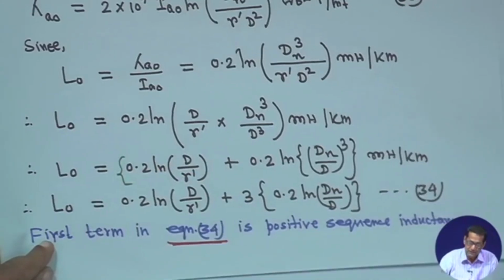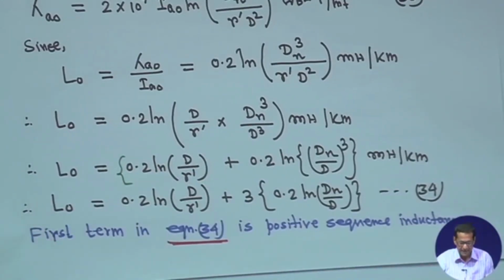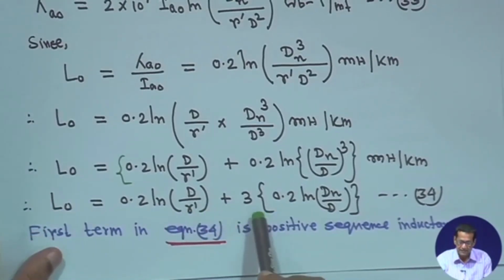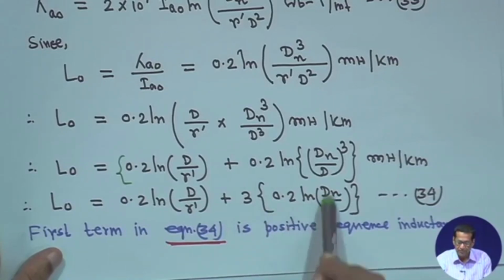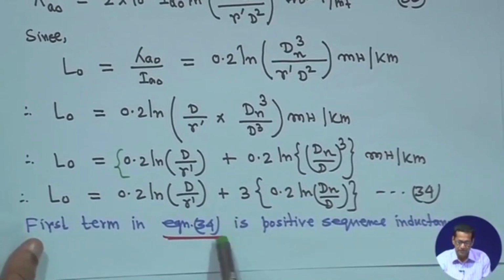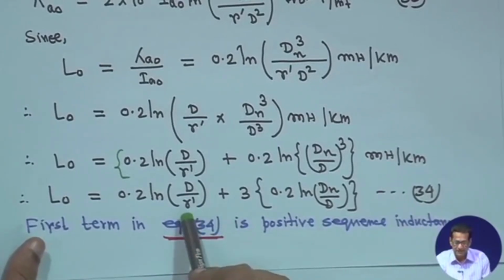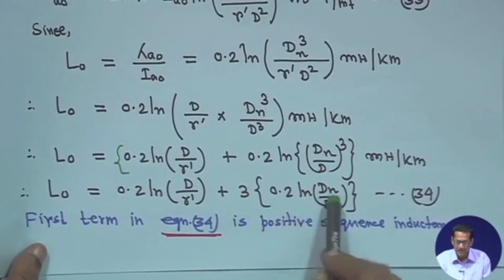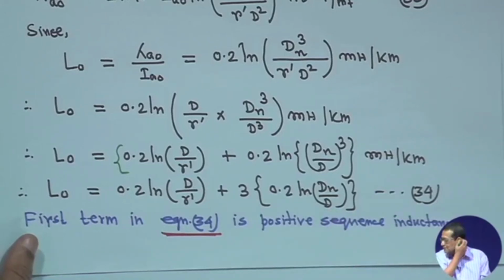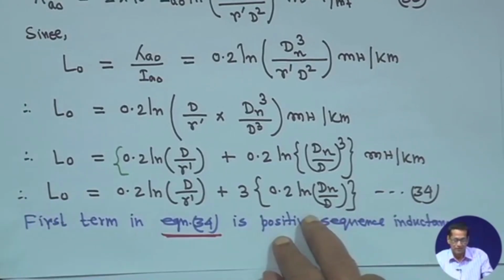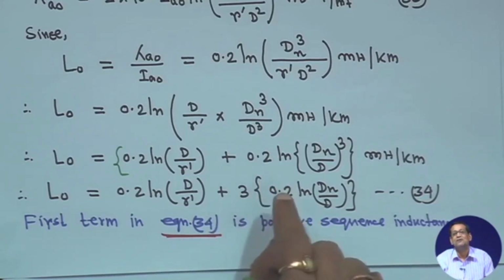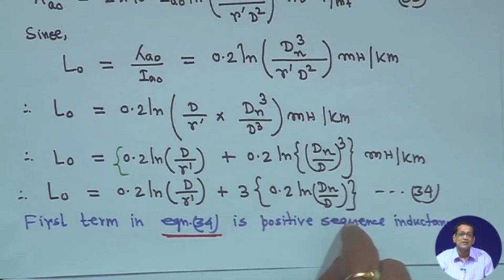So, L_0 = 0.2 ln d/r' + 3 × 0.2 ln d_n/d. This is equation 34. The first term of equation 34 is the positive sequence inductance, and the second term, 0.2 ln d_n/d, is defined as x_n, the ground reactance, or neutral reactance.